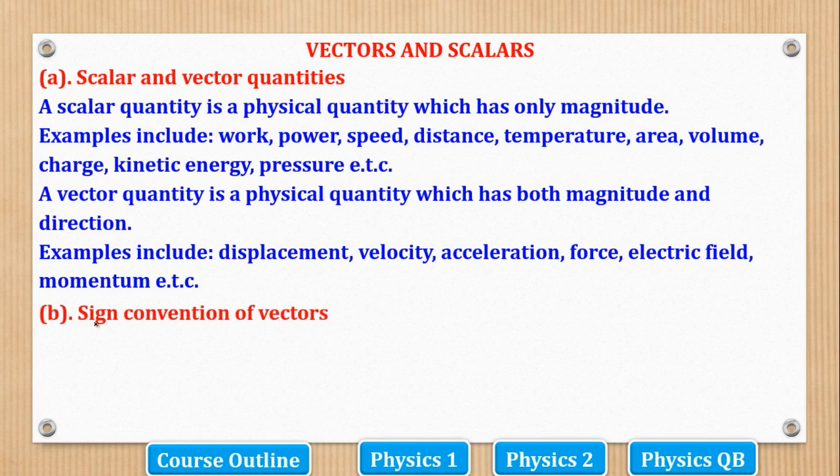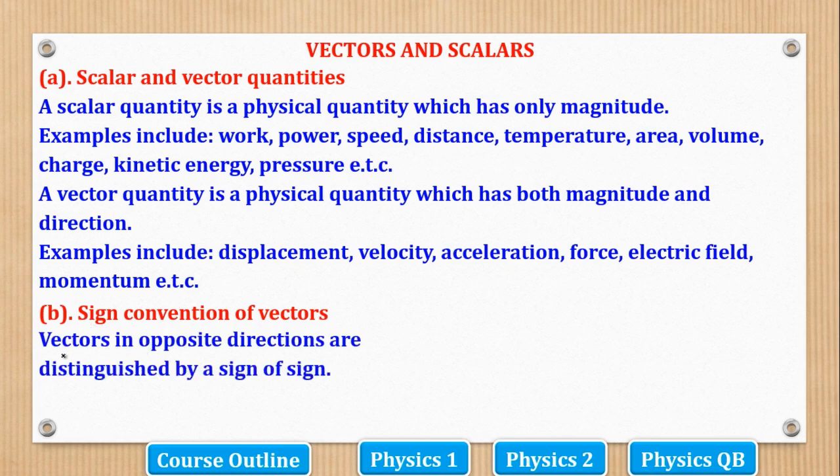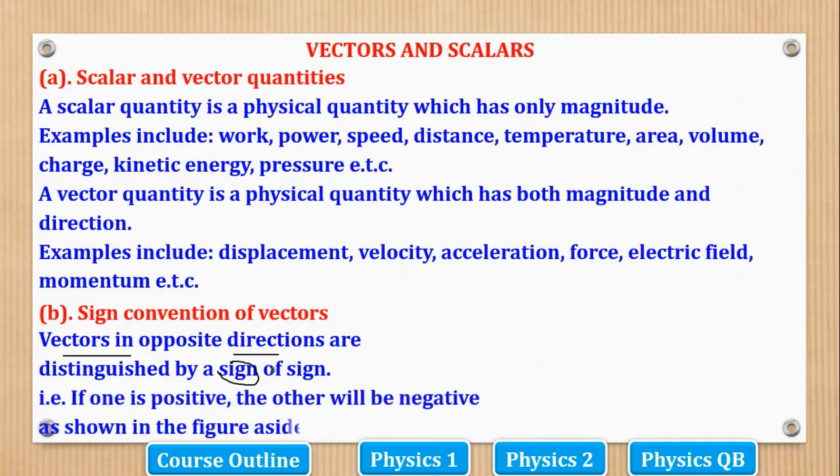Now we shall go to what we call sign convention of vectors. Vectors in opposite directions are distinguished by a change of sign. That means that if one is positive, the other will be negative. In this sign convention, we dictate what should be negative and what should be positive.